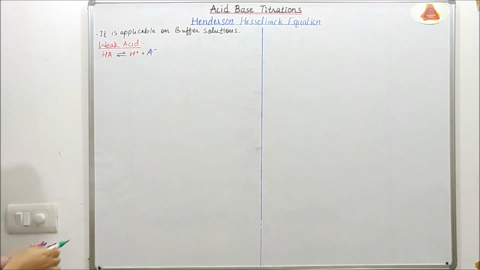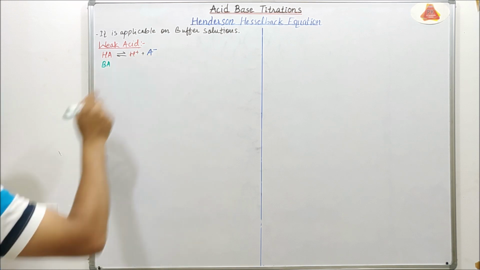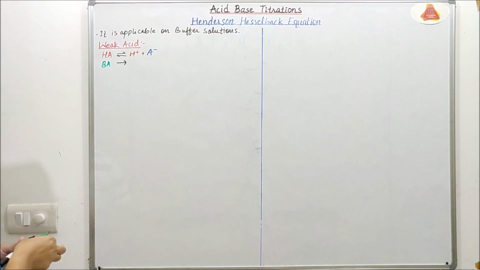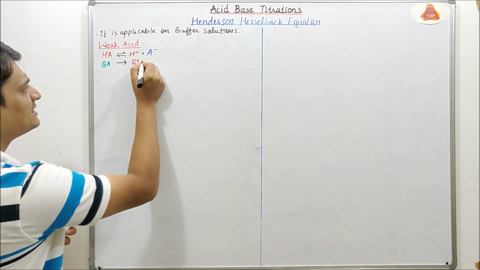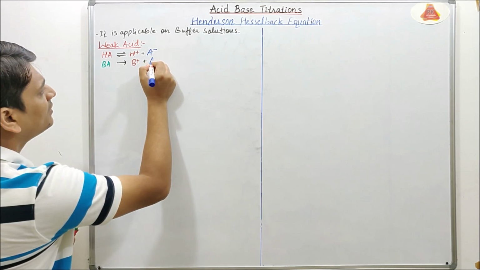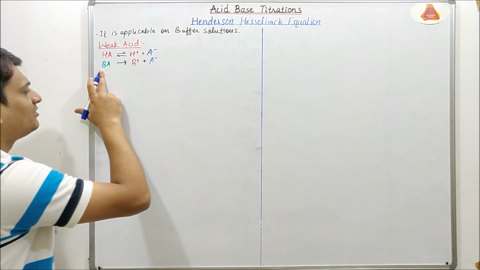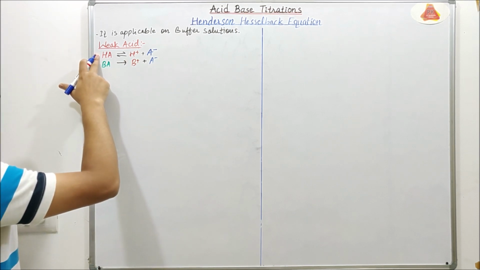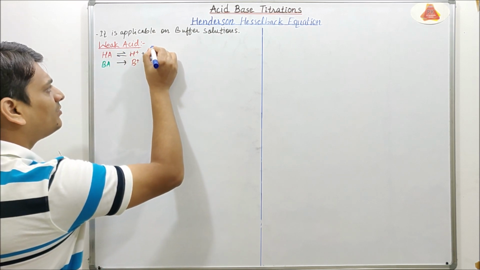Now let's take the example of a salt, BA, which has a common anion, that is A minus. So BA will dissociate in the form of B plus and A minus. Here you can see that this is a salt, a strong electrolyte, so it will be completely dissociated, and this is a weak acid, so it will be partially dissociated, and here one ion is common.